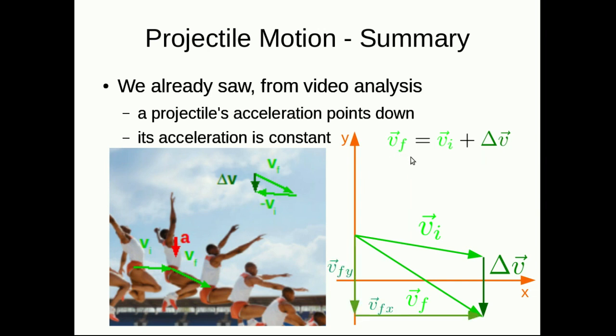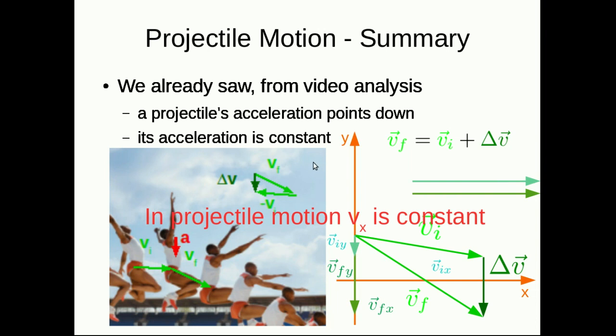Well, if you break the final velocity into its component vectors, and you break the initial velocity into its component vectors, and remember that delta v is straight down here, and if we've imposed xy axes in the usual way, then one thing to notice is that the initial and final x component vectors are the same. So this is a very important property of projectile motion. The x component of the velocity is constant.